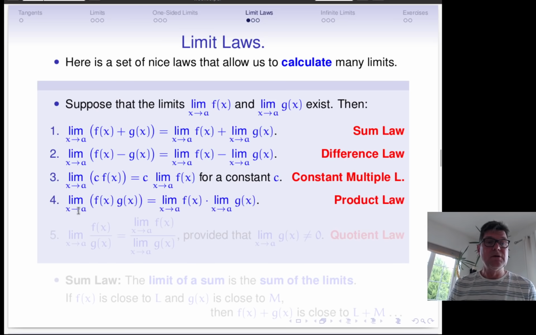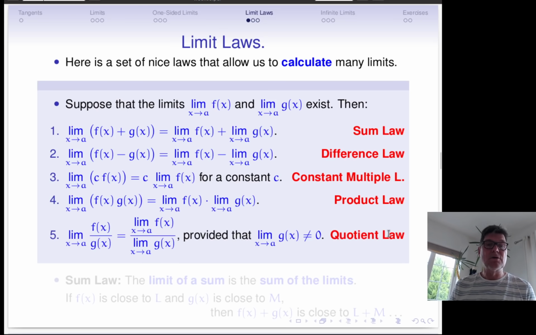The limit as x approaches a of the product of f of x and g of x can be computed as the product of the limit of f of x and the limit of g of x as x approaches a. And number 5 is the quotient law, which says that the limit of the quotient as x approaches a of f of x divided by g of x is the limit of f divided by the limit of g, of course, provided that this limit of g as x approaches a is not 0.